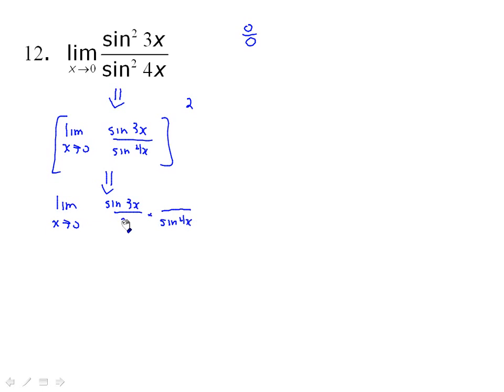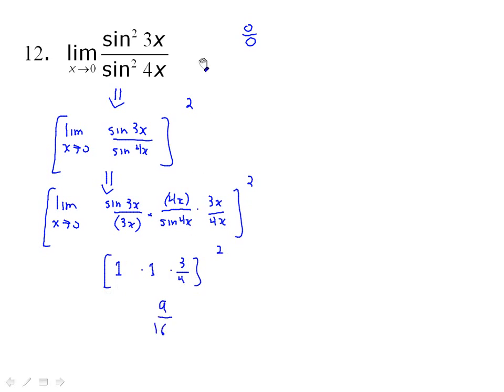We introduce a 3x there, we introduce a 4x there, and then we are aware that we have to balance it with a 3x on top and a 4x on the bottom, and all this is squared. So we end up with 1 when we take the limit, times 1, times 3 over 4, all squared. So 3/4 squared is 9 over 16.